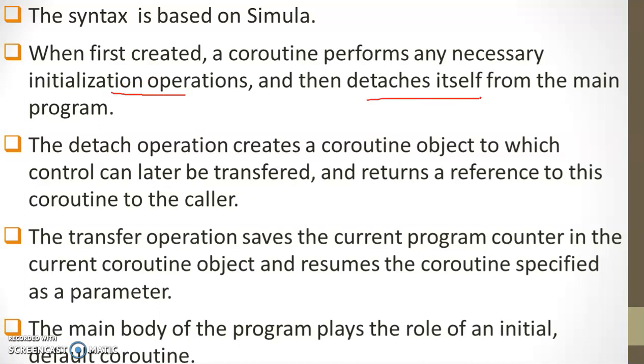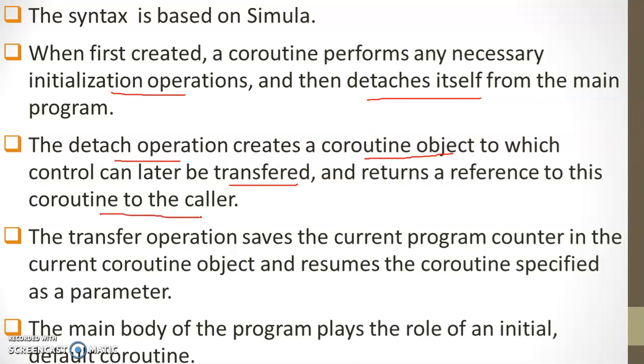These two operations are performed when a coroutine is first created. What does the detach operation do? It creates a coroutine object to which the control can later be transferred, and returns a reference to this coroutine to the caller.